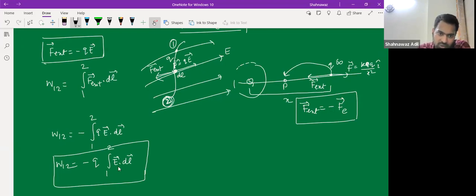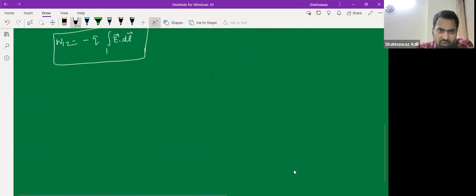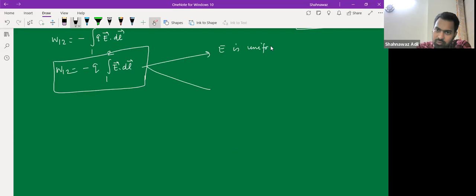You can see that there can be two possibilities of electric field, just like the case of the force. One would be that the electric field is uniform, or E is variable.